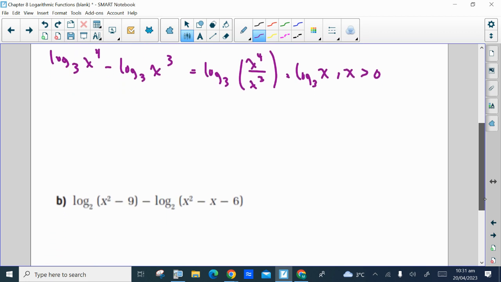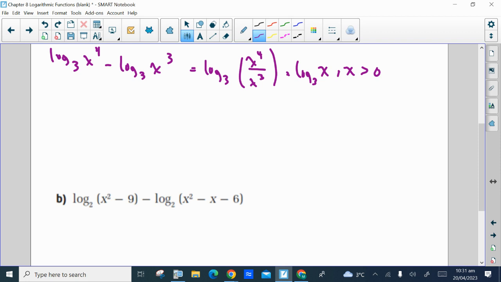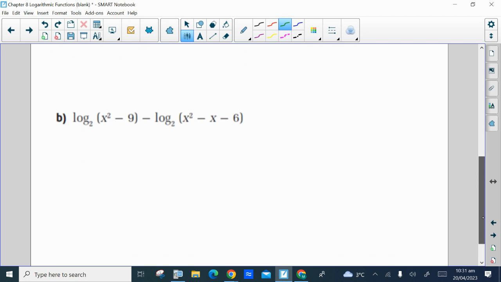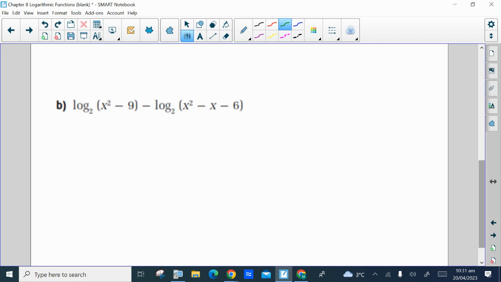But for question B, the arguments are polynomials, so it's going to involve factoring, and then we have to look at each factor from the arguments so we can determine what the restrictions are. So I'm going to do two things simultaneously. I'm going to factor the arguments. That first one is a difference of squares, and as well use the quotient law because you're subtracting those logs.